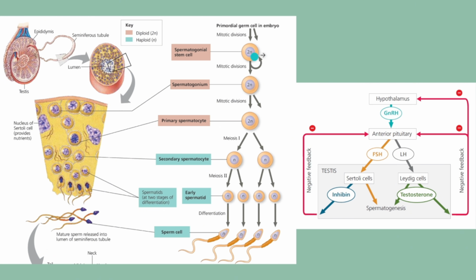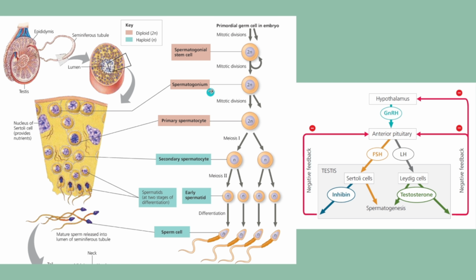This is the very early initial stage. It is a stem cell, meaning that this cell can multiply along the lifespan. In a male, if you are very healthy, this stem cell can multiply throughout your lifespan until you die. Once the spermatogonial stem cell undergoes mitosis, it will form the spermatogonium.